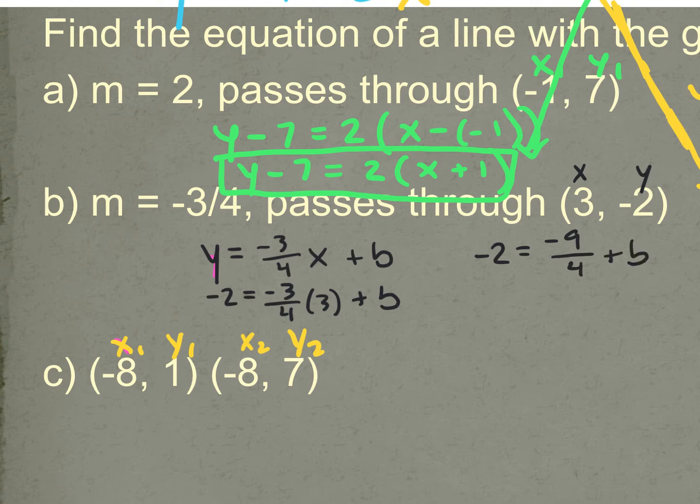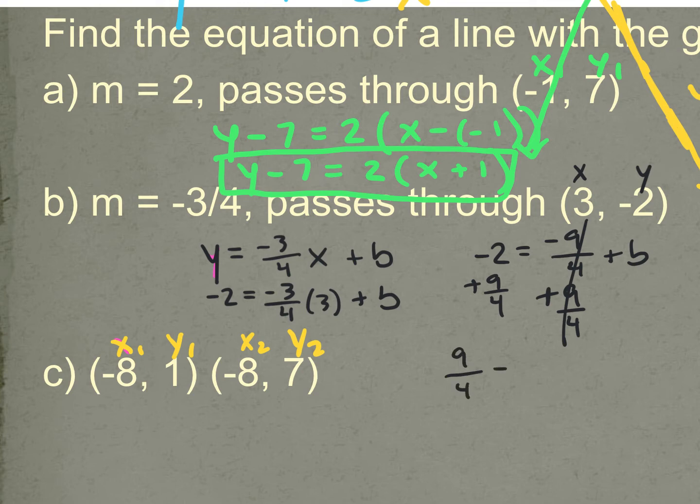What can I do next to find b? Move over the -9/4. How can I move over the -9/4? Just add 9/4 to both sides, because it cancels out here. -2 plus 9/4. Not fun, but we can make it work.